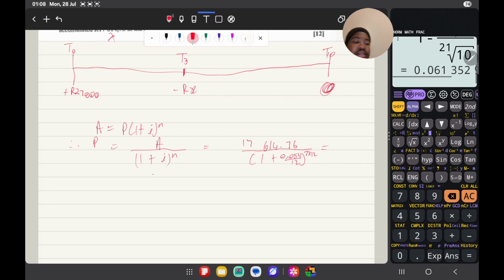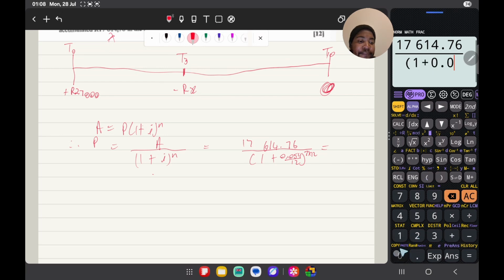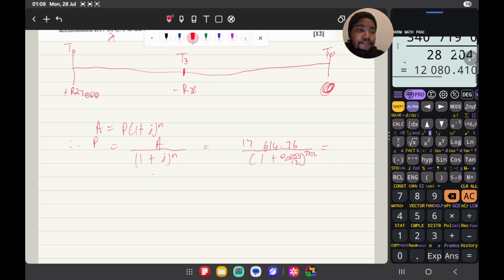And the calculator says, okay. Cool. So the calculator says we had 12,080 rands 41 cents that was left in the account.